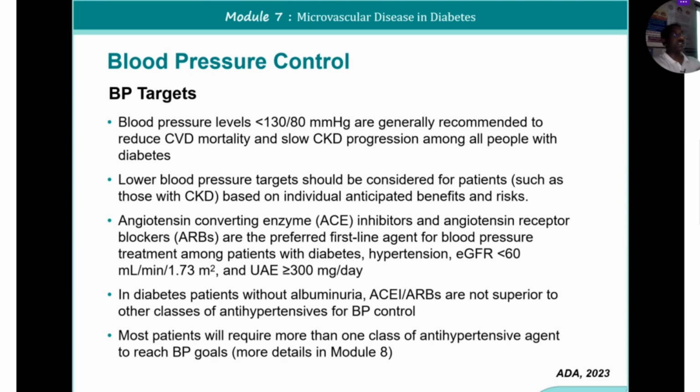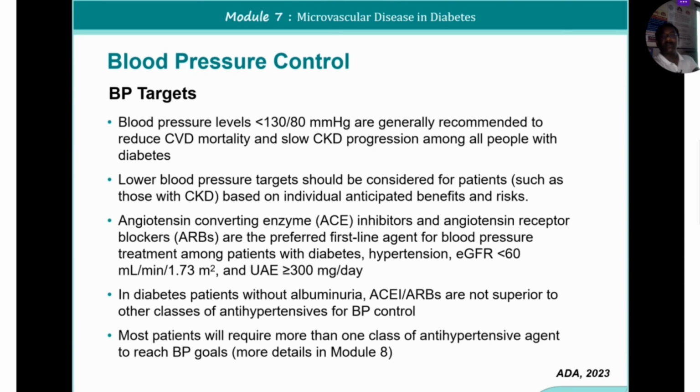Blood pressure levels less than 130/80 are generally recommended to reduce CVD mortality and slow CKD progression among all people with diabetes. Lower blood pressure targets should be considered for patients such as those with CKD, based on the individual anticipated benefits and risks.